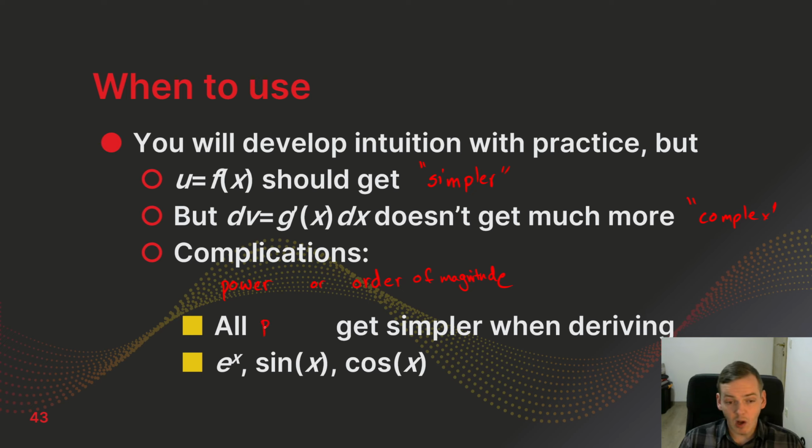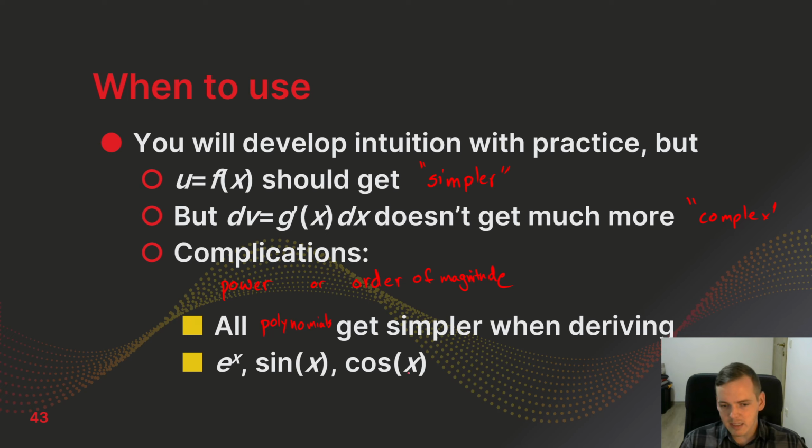So for example, all polynomials get simpler when deriving, right? If you keep deriving polynomials, what happens? So x cubed becomes 3x squared. It gets simpler. That exponent gets smaller and smaller and smaller.